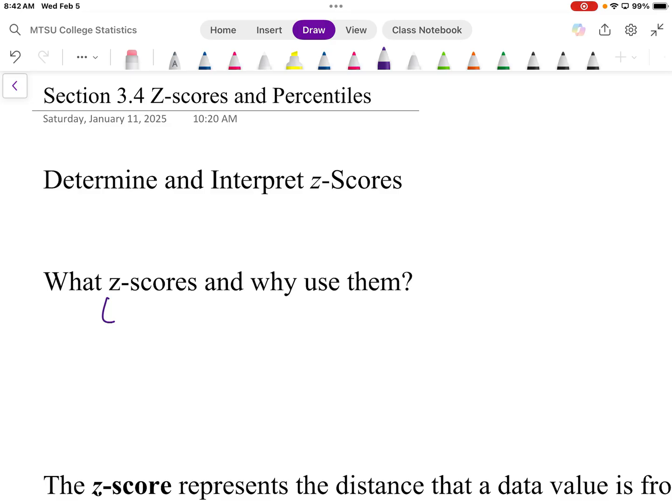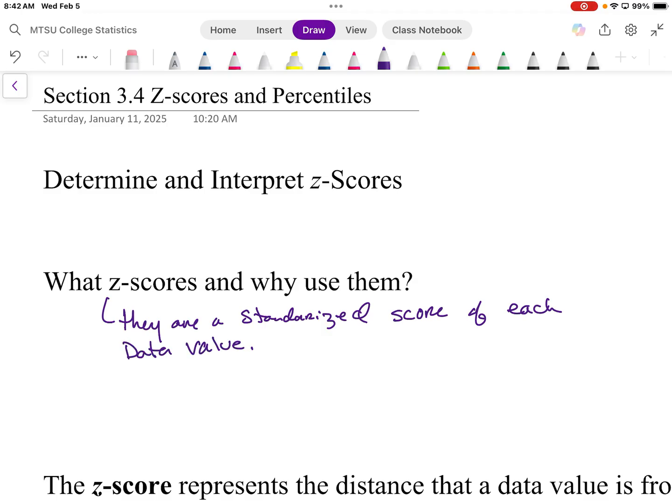They are a standardized score of each data value. And so the reason why we use them is so we can compare data values.